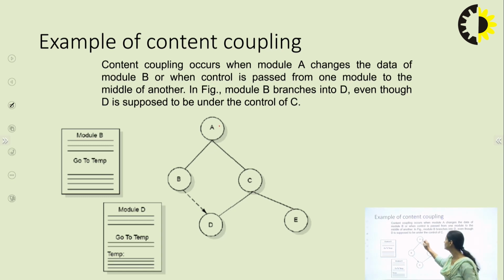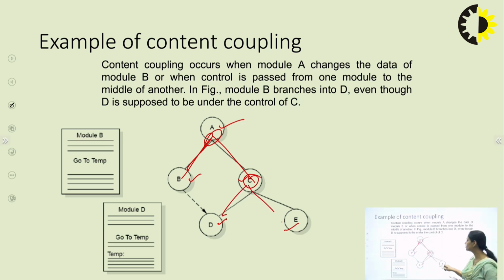We have a module A. Now, this module A is branched in module B and module C. That means this module B and module C would be using some of the data from module A. Similarly, if module D and E are the parts of C, then some of the modules would be using the data from here. So, module B, if suppose we have here, it says go to temp. Now, this temp is being executed in module D.